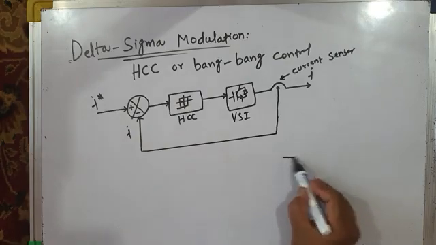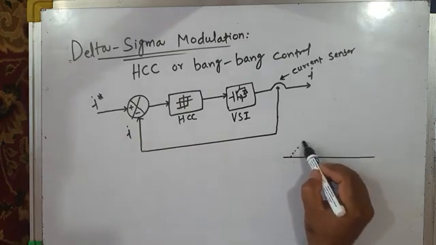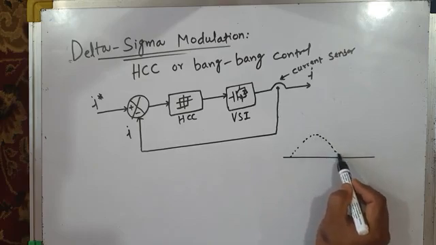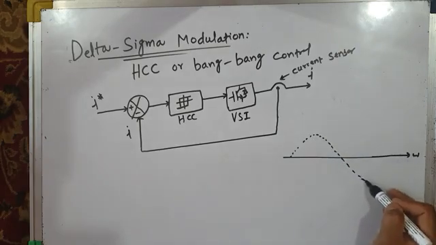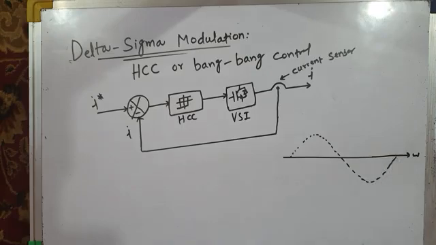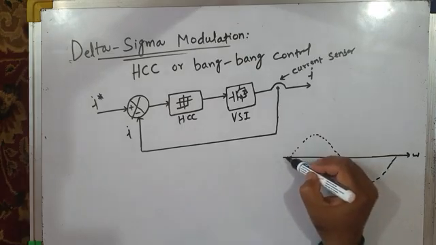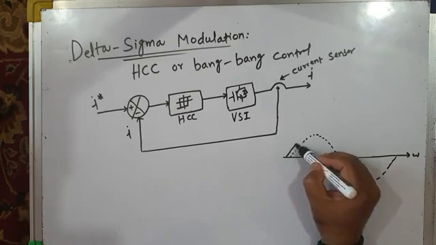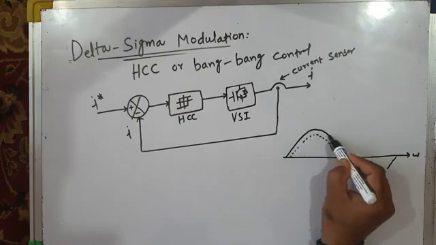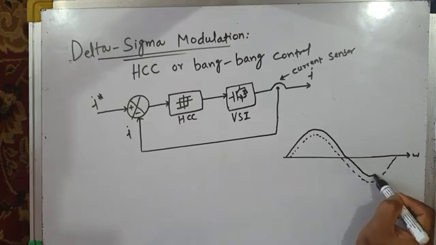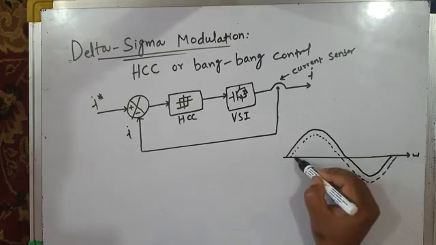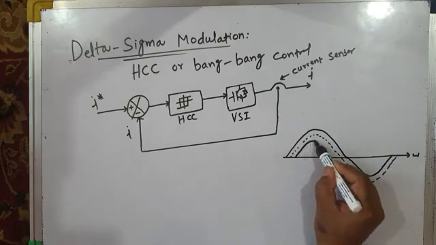If you remember, our reference current was something like this. We have already discussed it in detail in the last lecture. This was our reference current, purely sinusoidal in nature. We created a band around this reference current, an upper hysteresis band like this in the positive half cycle, and a lower hysteresis band like this.